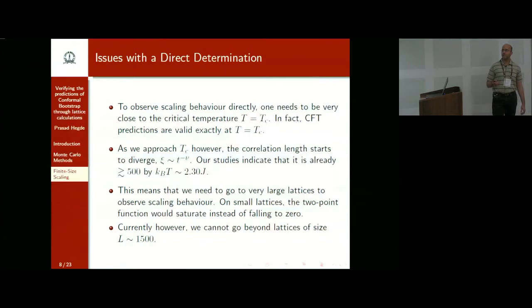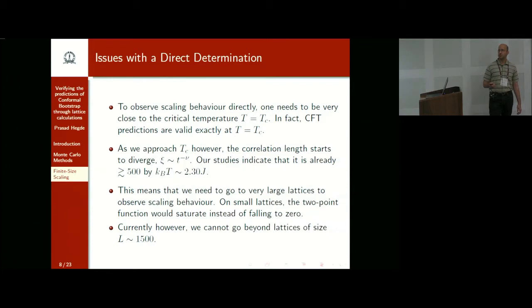As you get closer and closer to Tc, the correlation length diverges, and it's already of the order of 1000 or so, and the exact transition temperature is 2.269 something. So already by the time you're reasonably close to Tc, the correlation length is very large.